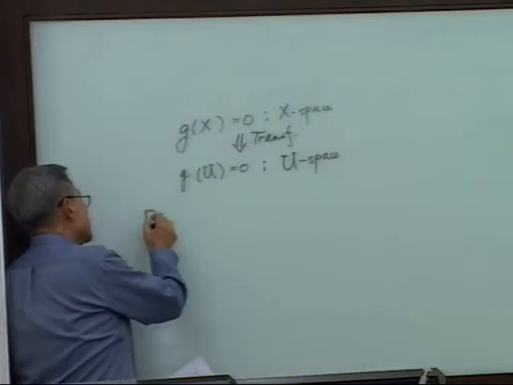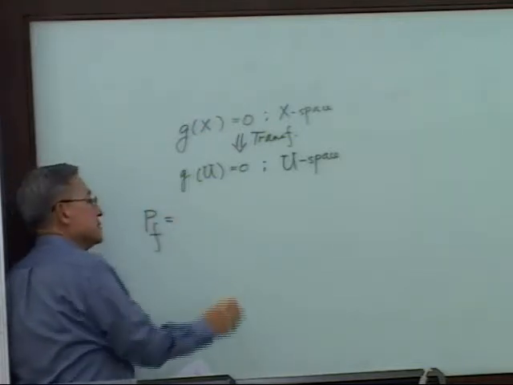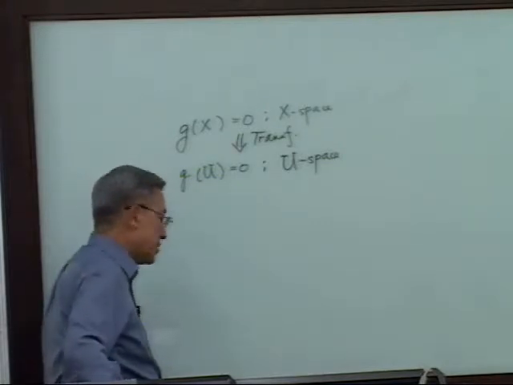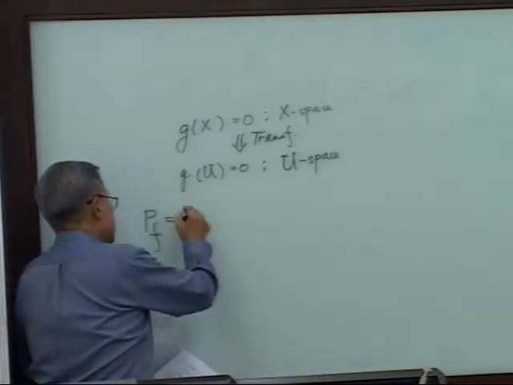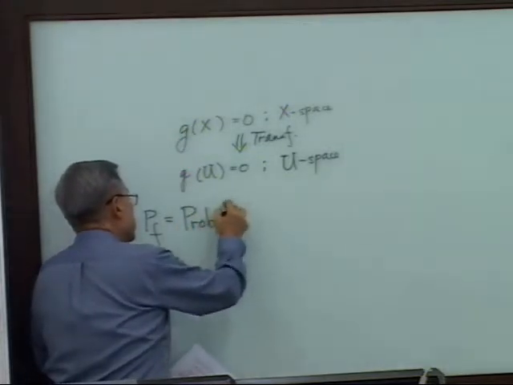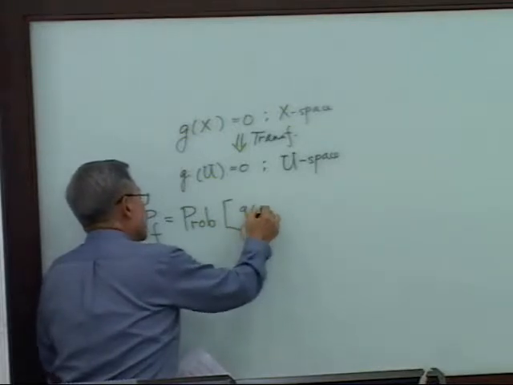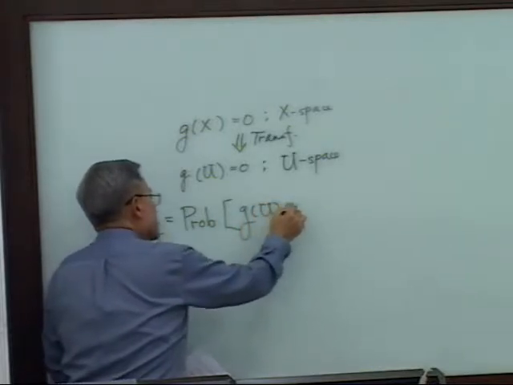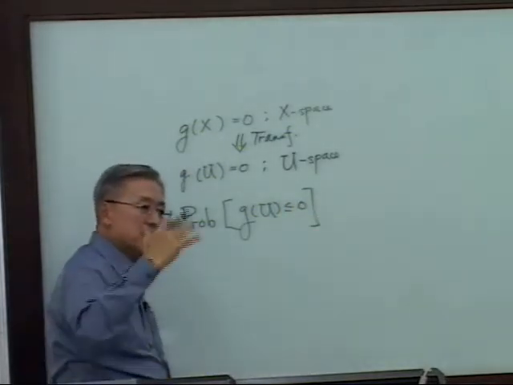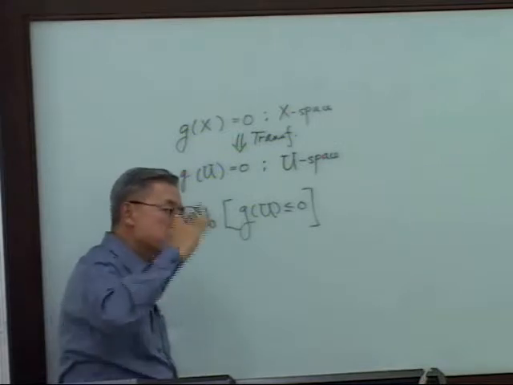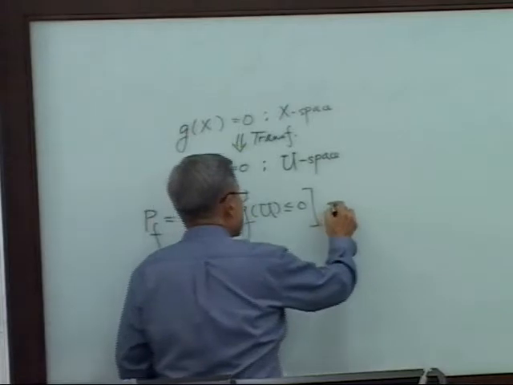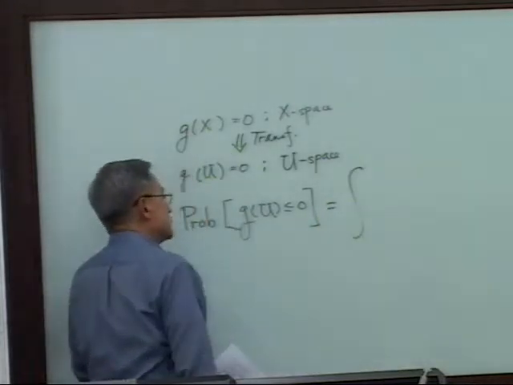Then I can cast the probability of the failure using the U space variable, not the X space variable. I can say this is probability such that G(U) is less than or equal to 0. We are in the U space, dream space, okay? So which is now integration.